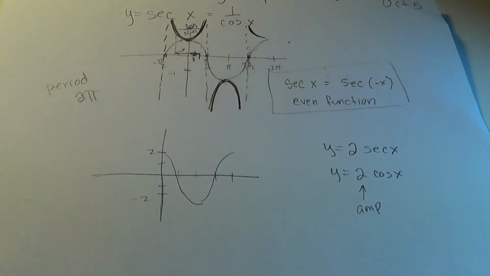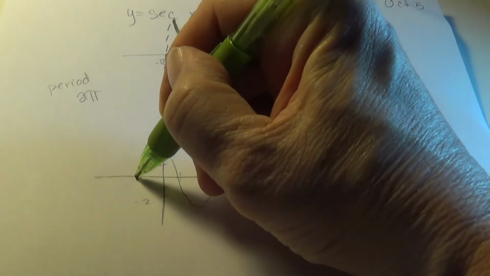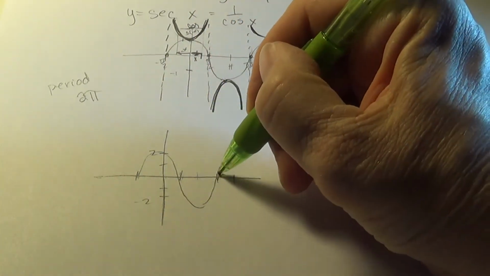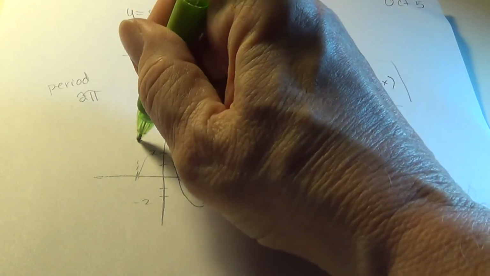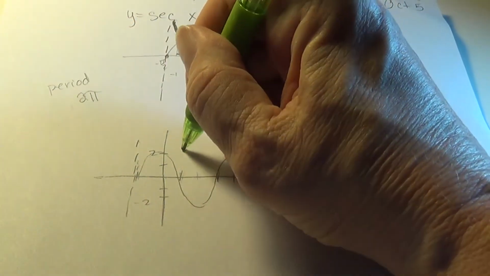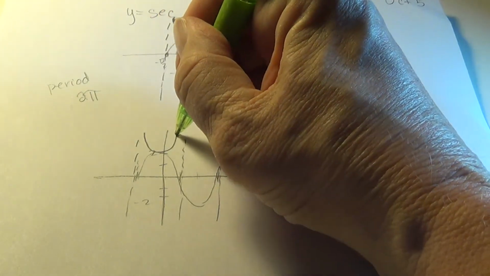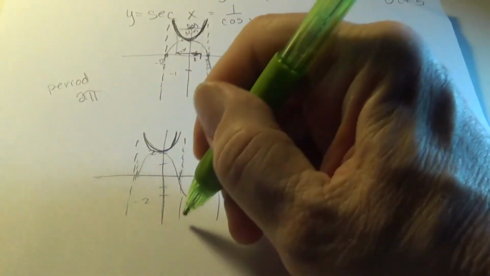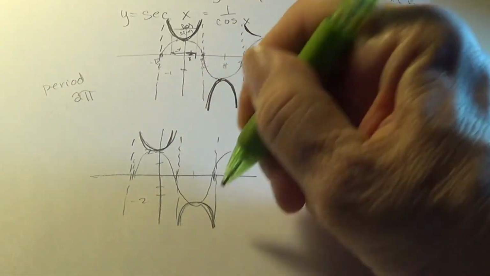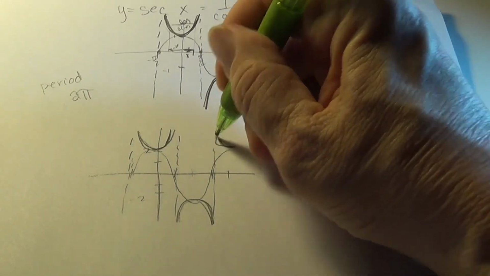So when we have that going on, we have these asymptotes again, which are negative pi over 2, pi over 2, 3 pi over 2. So the U's go like that, and like that.